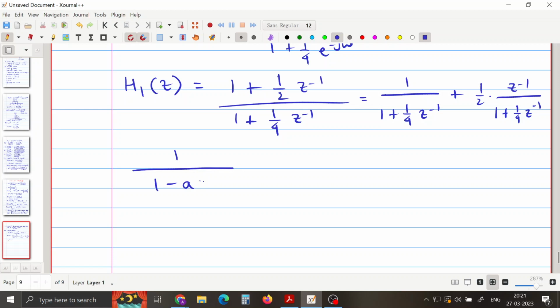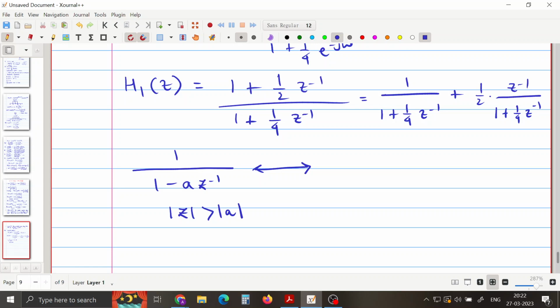So if you have this in the Z domain, then let's say, and of course the underlying assumption is that the ROC is this, mod Z is outside a circle of radius mod A. Or in other words, it's a causal sequence.